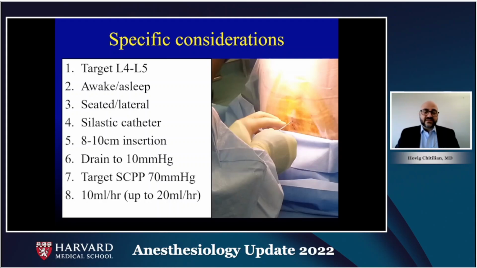The target drainage pressure is to drain to 10 millimeters of mercury, and a cord perfusion pressure of 70 to 80 millimeters of mercury is targeted. So that's MAP minus the CSF pressure. In general, drainage is limited to about 10 milliliters an hour, but can be increased up to 20 milliliters an hour or greater if there's concern for cord ischemia.